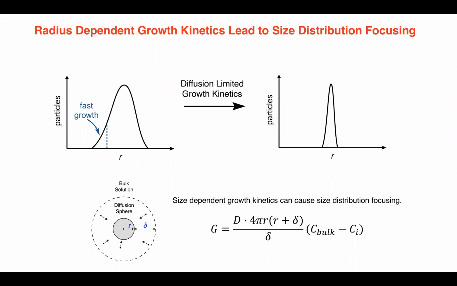So, if you have an ensemble of crystals and the crystals are growing under diffusion limited kinetics, the rate of growth of the smaller ones is larger than the rate of growth of the larger crystals. So these guys will grow faster than these guys do. And with time, the distribution of the ensemble will actually compress and become more narrow. Okay? That's called size distribution focusing.